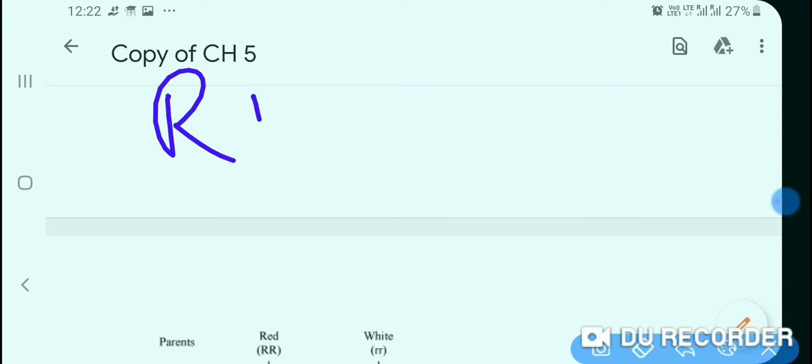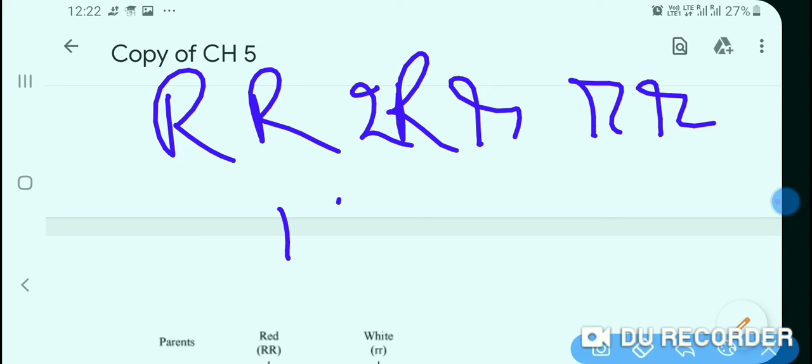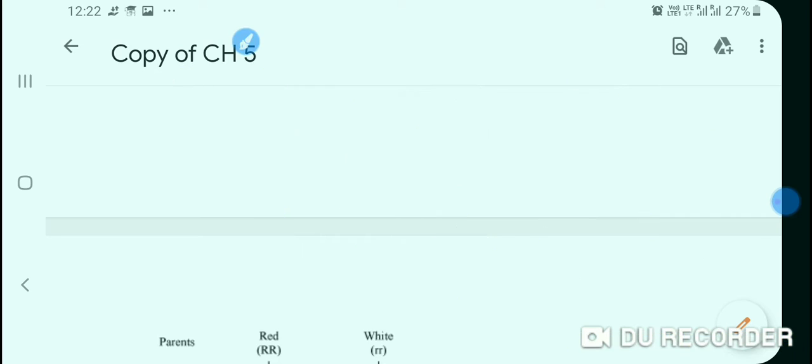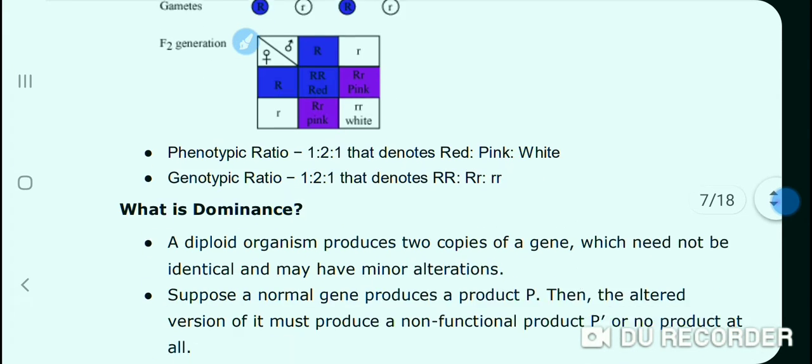You have seen that this, and this, were 2. So 1:2:1. Phenotypic and genotypic ratio are the same in case of incomplete dominance. So this is the question which is often asked in the exam. This is incomplete dominance.